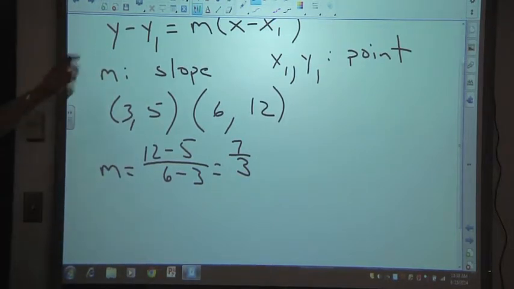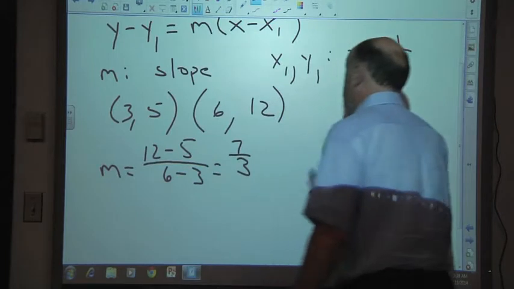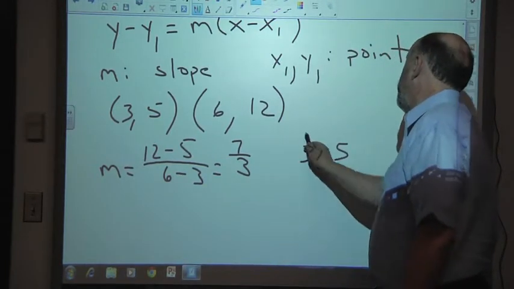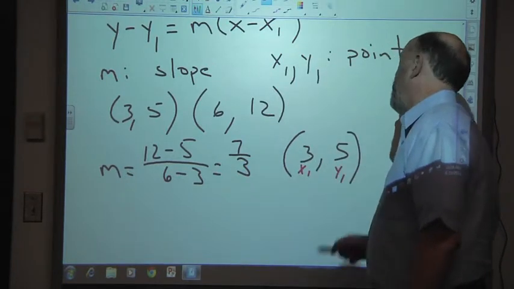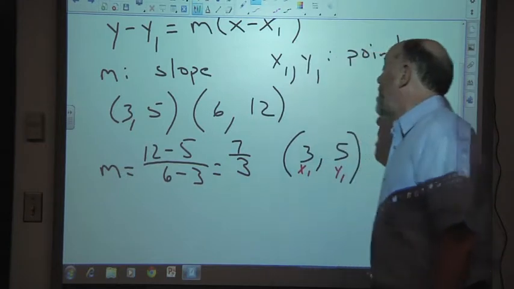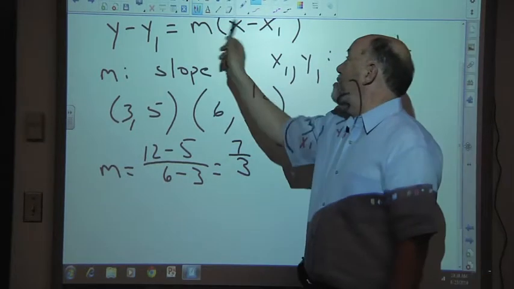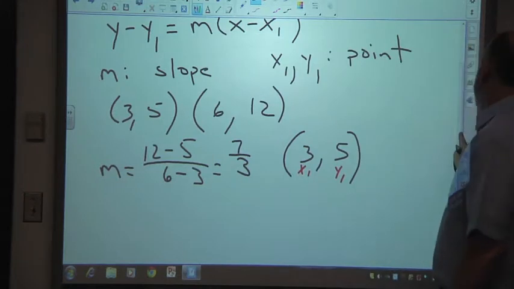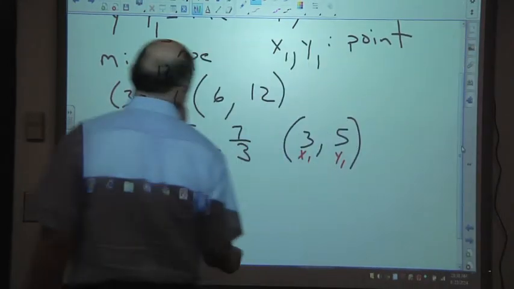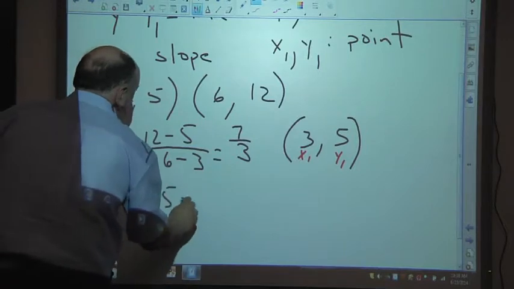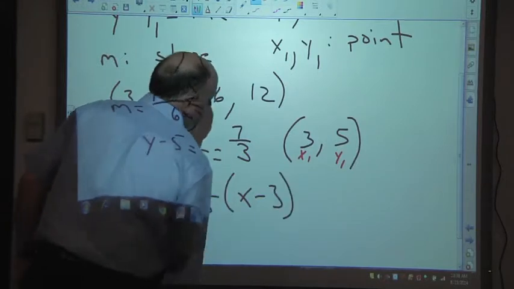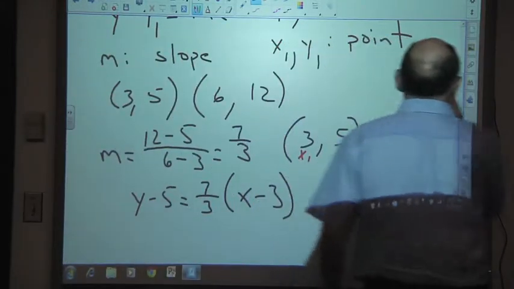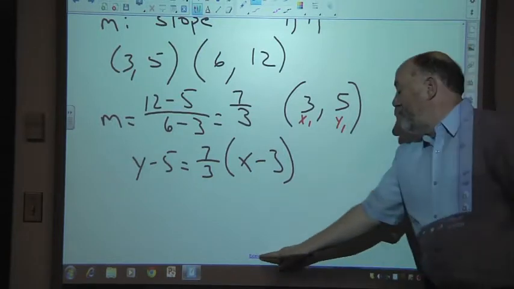Now if I want the equation in this form, I just need to pick a point. Let's take the point (3, 5). We'll call this x1 and this y1. All I have to do is take these 3 numbers and plug them into these 3 places, and I have my equation. So we'll have y minus 5 equals 7/3 times x minus 3. That would be the equation of the line in point-slope form.